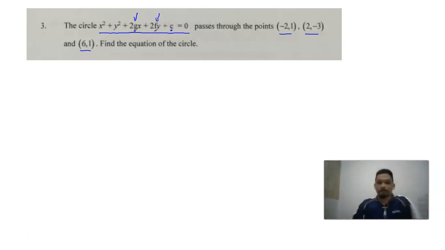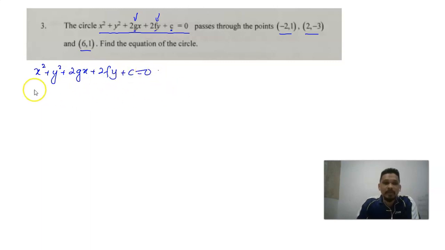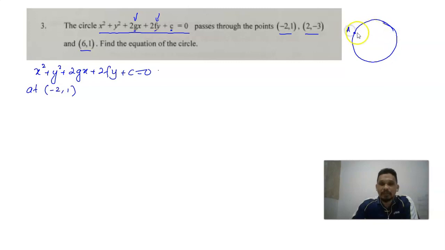So now, from these 3 points, rewrite the equation again: x squared plus y squared plus 2gx plus 2fy plus c equal to 0. Before that, just imagine that this is the circle and there are 3 different points here.